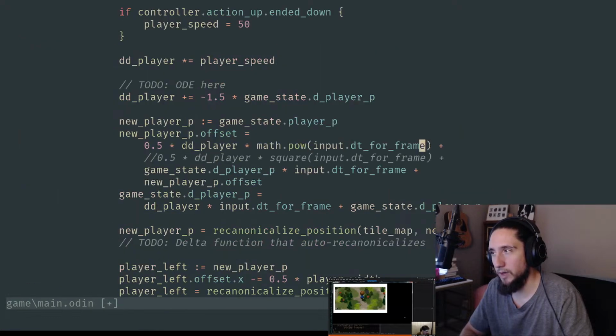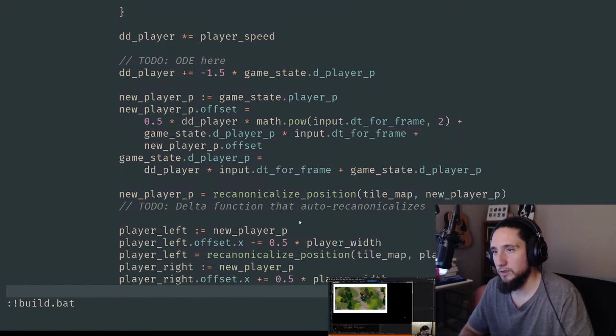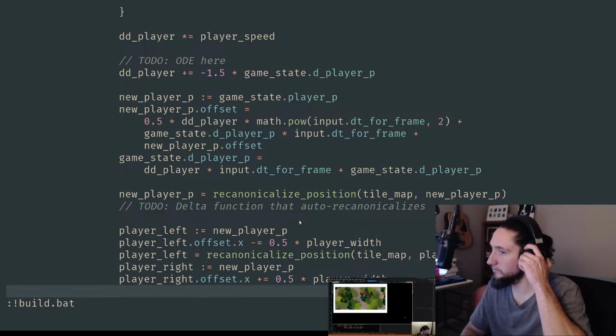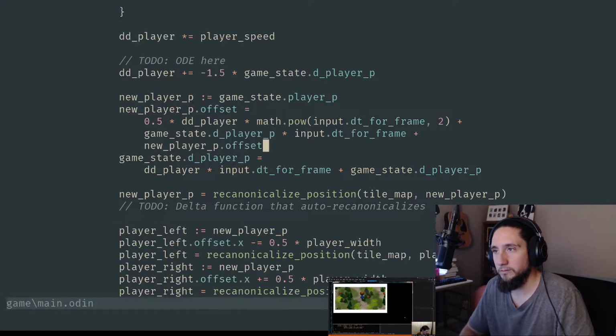If I pass this in and I say math pow to... Yeah, okay. That's right. So now I can get rid of my square proc. Yeah. Looks good to me. What was that? That was in math.